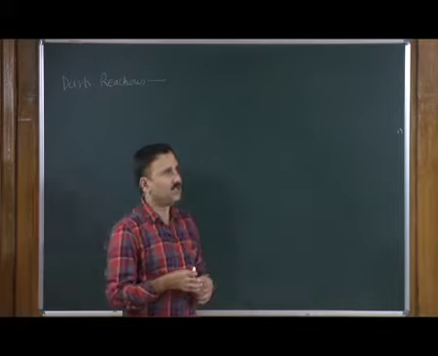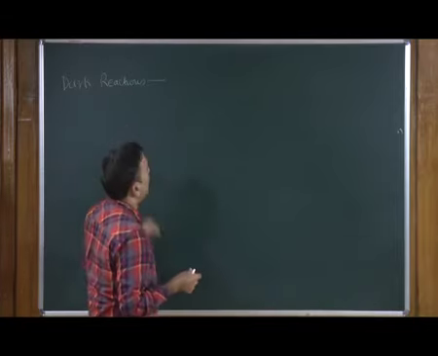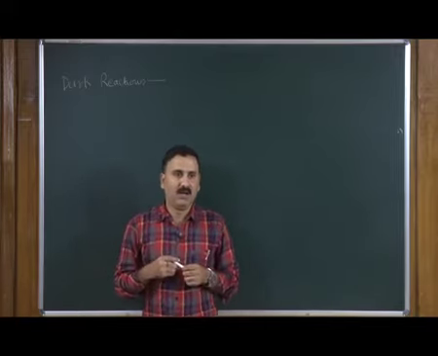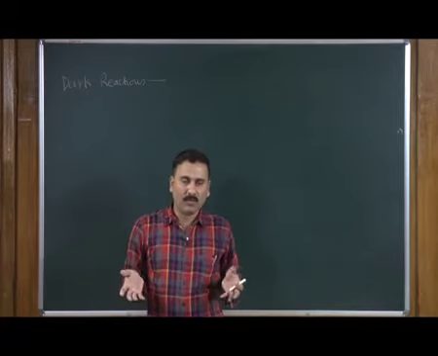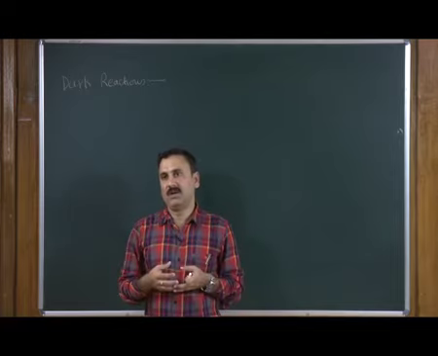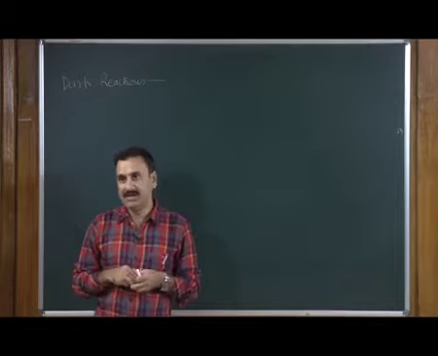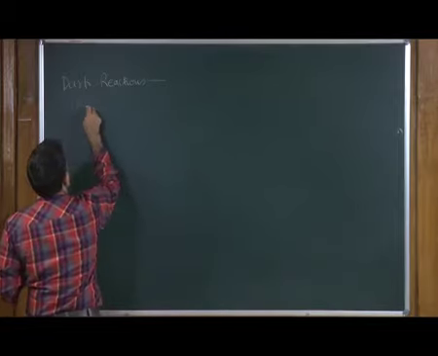The dark reactions were discovered by the scientist Calvin and his group, and these are a set of reactions having mostly 3 important components. The dark reactions are also known as the Calvin cycle.